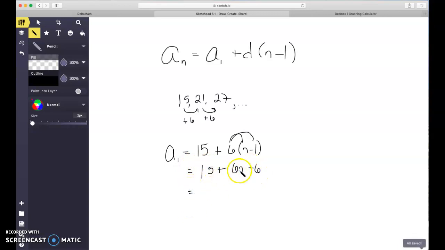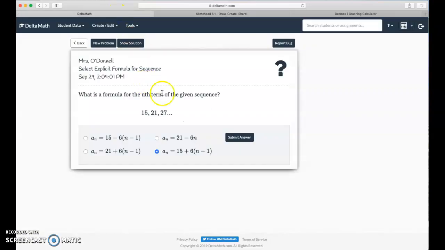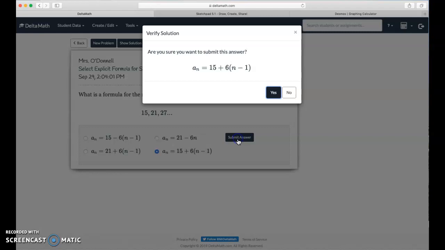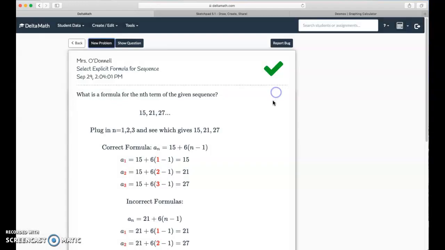Using that commutative property of addition, we would do 15 plus negative 6 plus 6n. 15 plus negative 6 is 9, which would be a more simplified version. But I want to see if they will let us do that, they don't have that option, right?